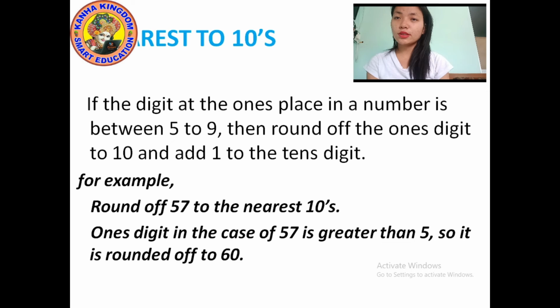That means the digit is between 5 and 9, so you have to round off the ones digit to 10 and add 1 to the tens digit. So the ones digit in 57 is greater than 5, so it is rounded up to 60.